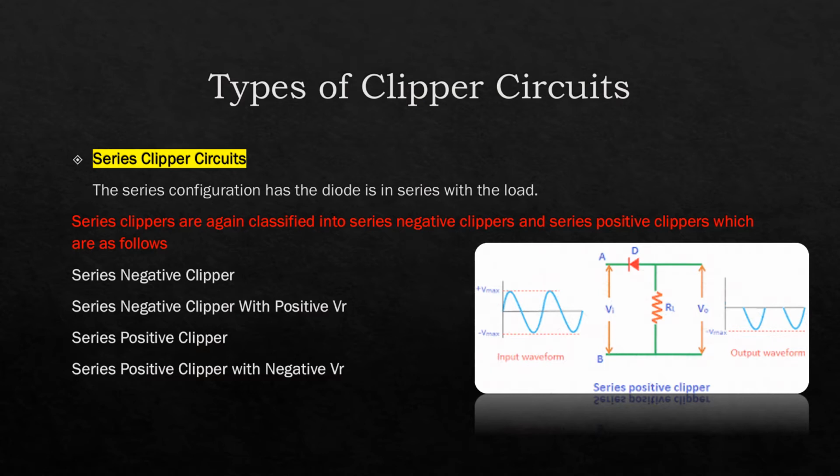Series clippers are again classified into series negative clippers and series positive clippers. Then further, series negative clippers and positive clippers are divided into negative clippers with positive VR and positive clippers with negative VR. These are the further types of series clippers.